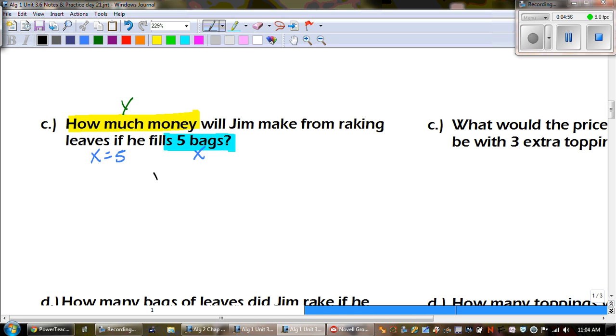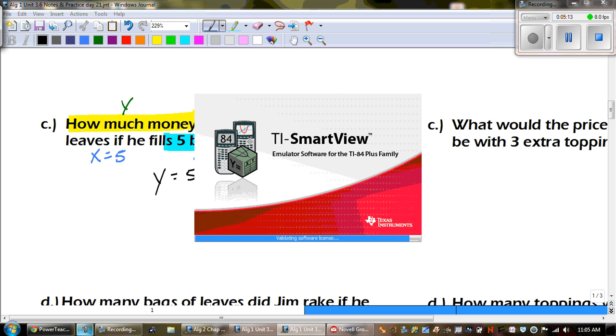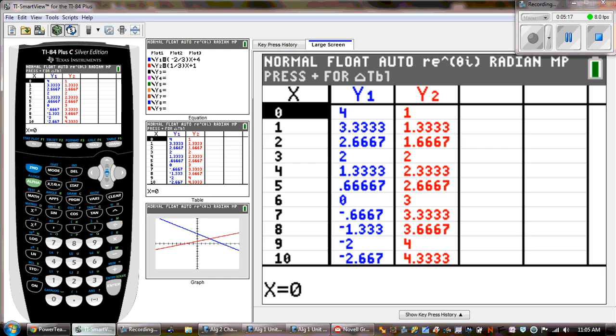So we're going to go back to that equation that we just made, 5.95x plus 25, and we're going to solve it. So what's 5.95 times 5? Do you have your calculator out? I don't. That's why I'm turning mine on right now.